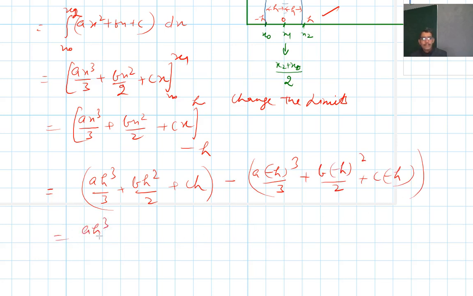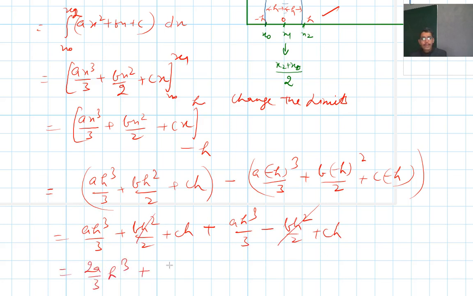It is ah cubed by 3 plus bh square by 2 plus ch, and it will become minus minus plus, so it is ah cubed by 3 minus bh square by 2 plus ch, right? So the bh square terms will cancel out. So it is 2a by 3 h cube plus 2ch.